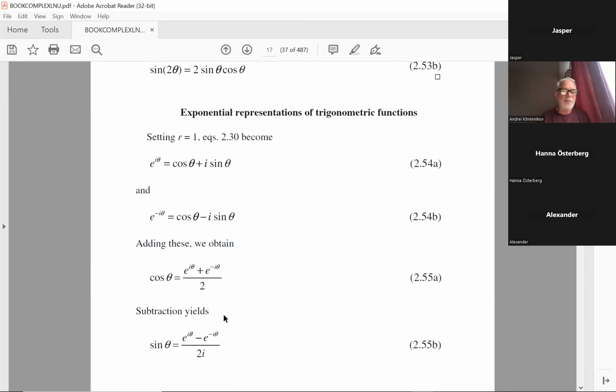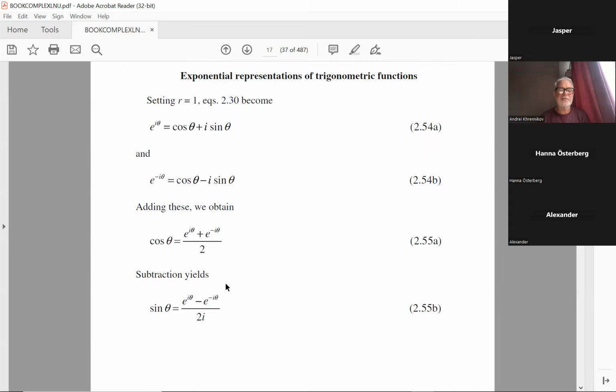So this is the complex Euler formula for cosine. In the same way, sine; there is i in the denominator. They should be memorized. We use them a lot in complex analysis. Cosine is the sum of two exponents, the exponent and the conjugated exponent, divided by 2. Sine is the difference of these two exponents divided by 2i.